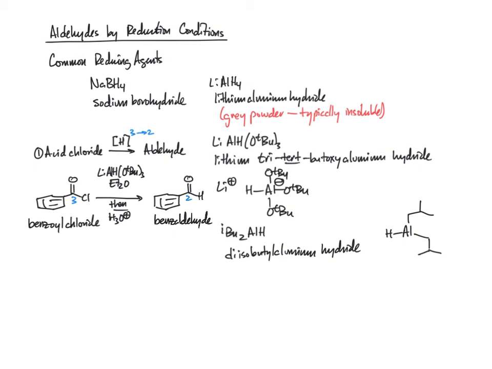So we can also do another oxidation state 3 reduction. We can take an ester and do a reduction to an aldehyde. Again, an ester is at oxidation state 3, and we're doing a reduction to the aldehyde at oxidation state 2. For example, if we have this ester, this would be called ethyl pentanoate.